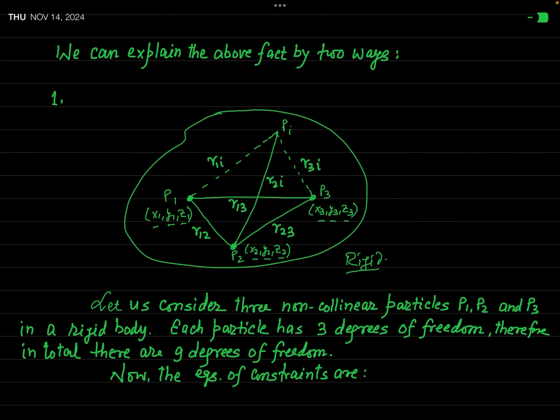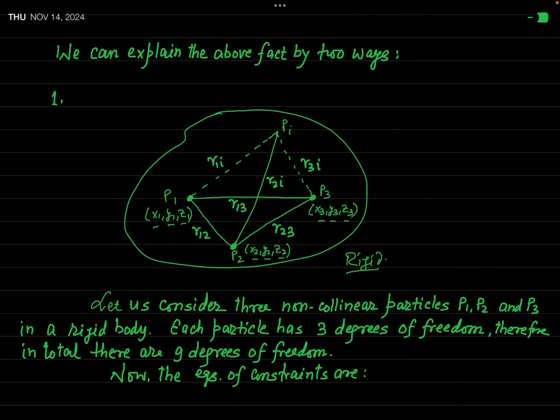And as 3 independent variables are needed to describe the motion or the configuration of each particle, we can say that each particle will have 3 degrees of freedom. Okay? And all these 3 degrees of freedom will be the translational degrees of freedom. So as a whole, for the system of these 3 non-collinear particles, what will be the total number of degrees of freedom?